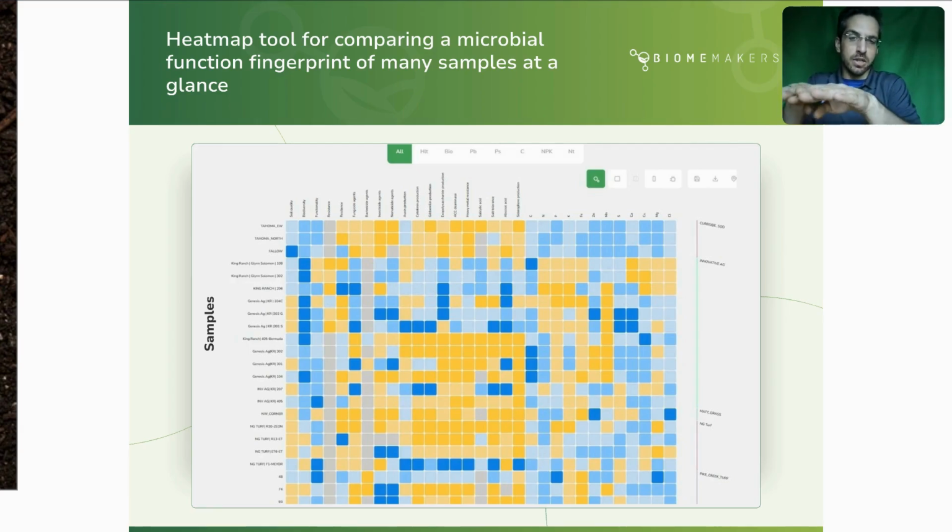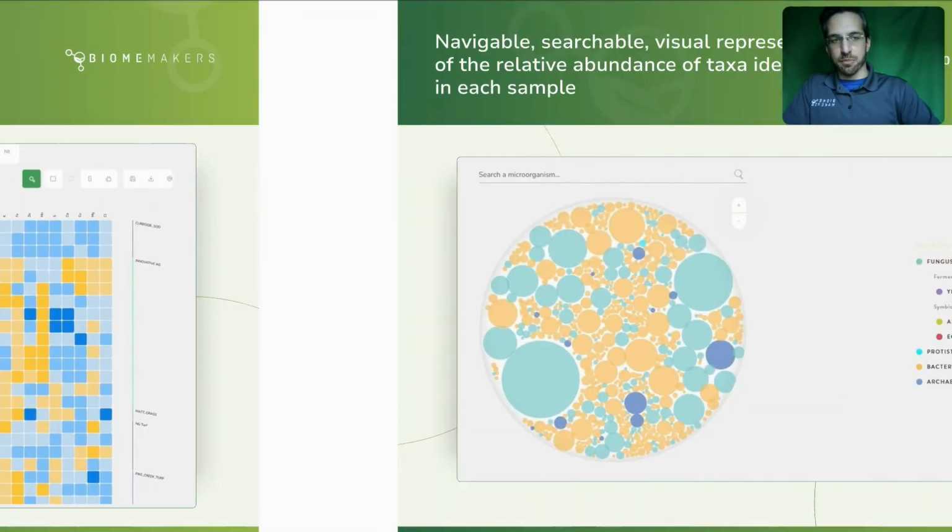The heat map tool lets you lay many samples side by side, each as an individual column or row. You can flip it so that you can look for differences or patterns between them across fields or years or seasons. And it's a lot easier than flipping back and forth between multiple PDF reports.